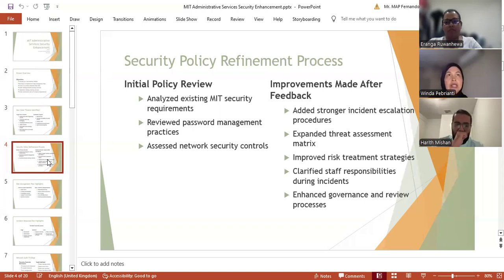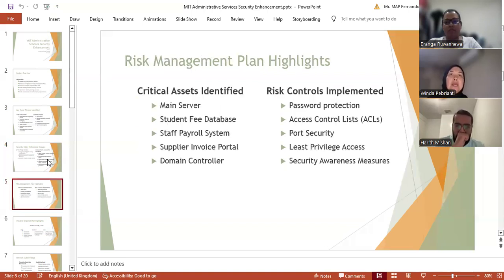These changes made the security framework more effective and practical. And the next slide, we talk about the risk management plan. Our risk management plan focused on protecting MIT's most important assets. These assets include the main server, student fee database, payroll system, supplier invoice portal, and domain controller. We identified possible threats and vulnerabilities for each asset and selected appropriate security controls.